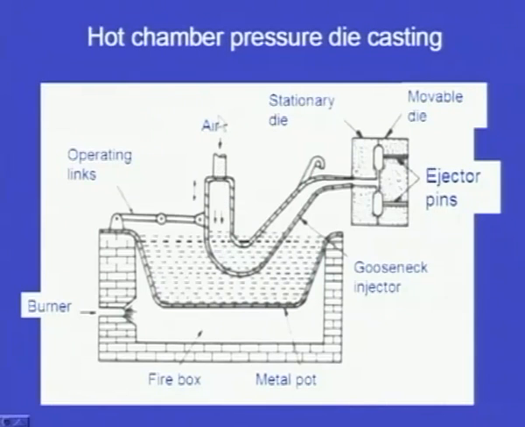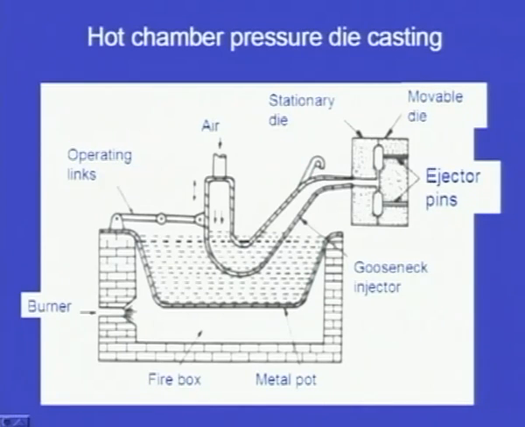Because we are passing pressurized air, the molten metal will be injected into the dies. It will go and occupy the hollow cavity. After solidification is over, we separate the dies, and by using the ejector pins, the casting will be taken out.